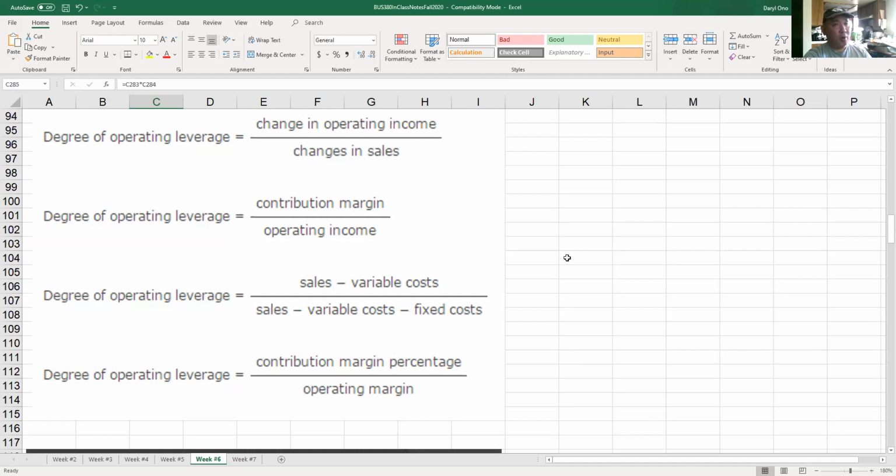How do you know which formula or equation to use? Based off what's given to you. If you're given contribution margin and operating income, you don't use this formula. If you're given sales, variable costs, and fixed costs, you don't use this formula. You have to be able to identify which formula you're going to use to solve that problem.